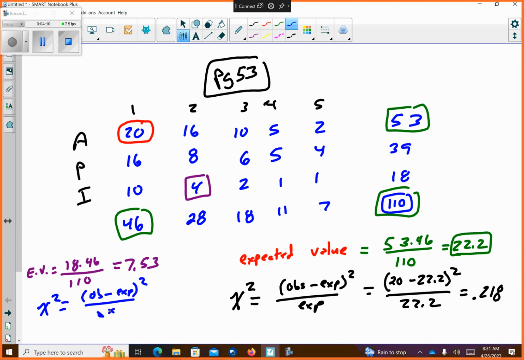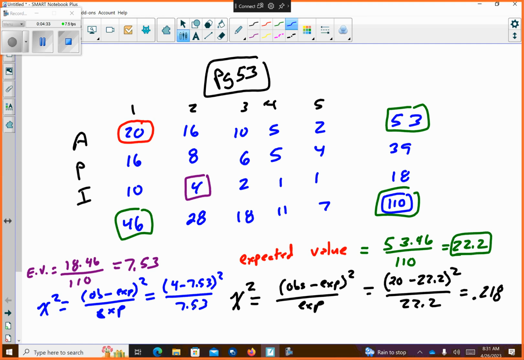So those of you who just came in, I had made an error, so I was going back over it. So this is my 7.53. Oops, that's going to be my 4, excuse me. 4 minus 7.53 quantity squared over 7.53.